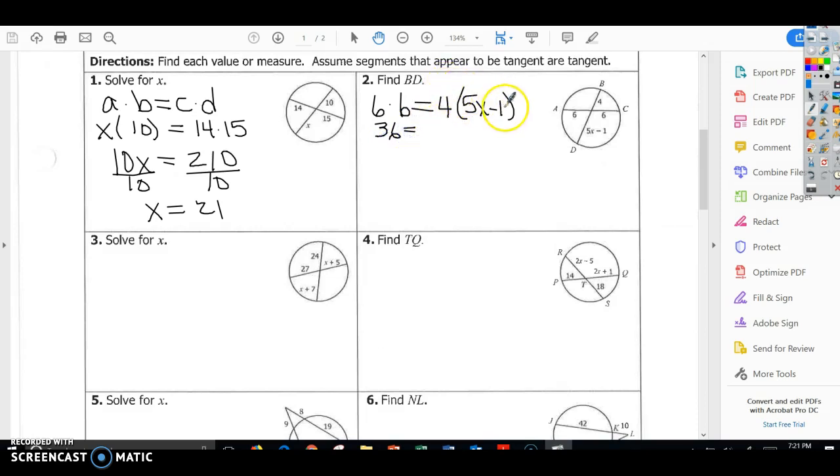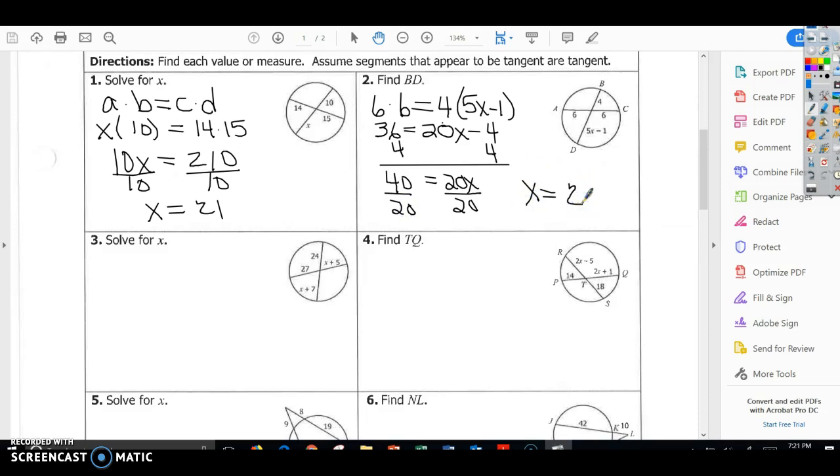Remember here you've got to distribute, so we're going to have 20x minus 4. And again, we're solving for x, so I'm going to add 4 to both sides and divide by 20. So x equals 2.